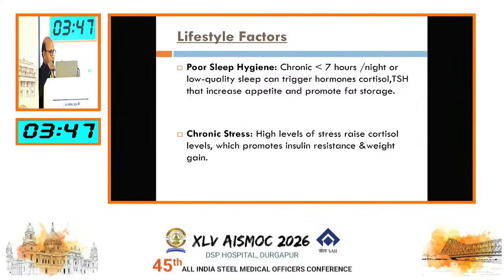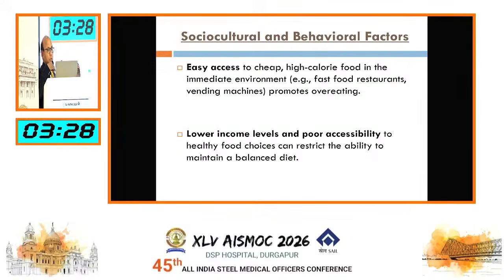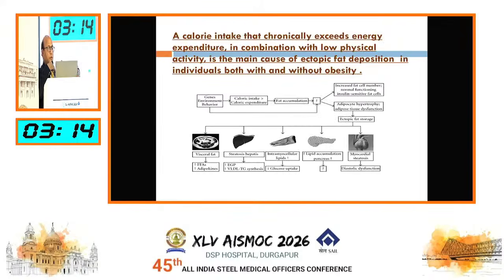In lifestyle factors, poor sleep hygiene and chronic stress are other factors. In environmental factors, endocrine-disrupting chemicals, environmental noise and pollution, and constant ambient temperature are other factors. In socioeconomic factors, easy access to cheap, high-calorie food and low income, low socioeconomic status, they eat whatever is available, and that increases ectopic fat syndrome.